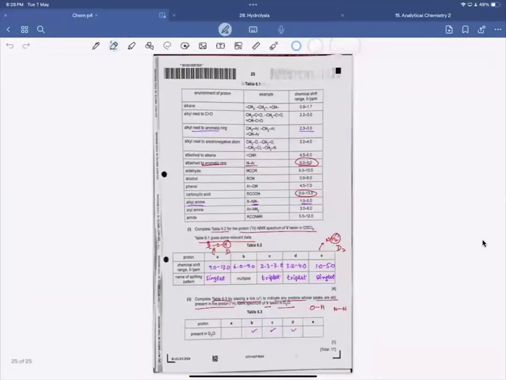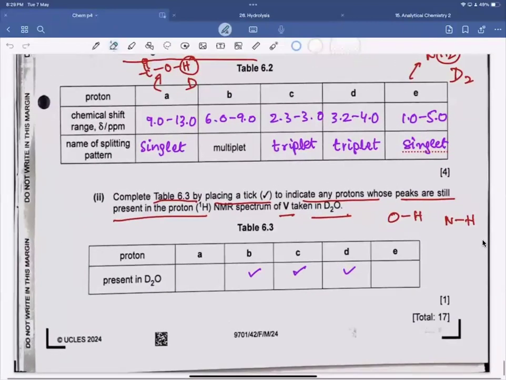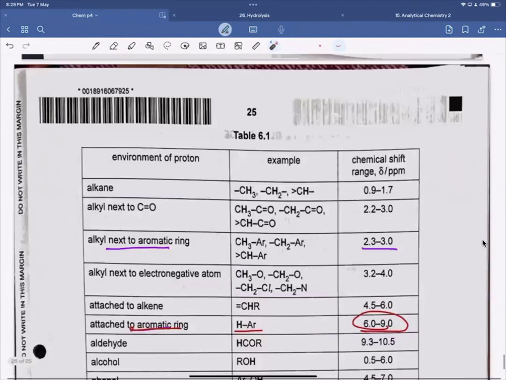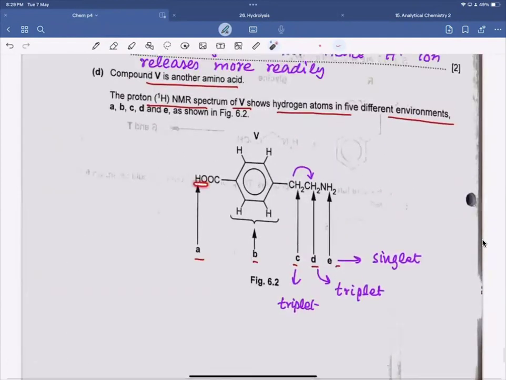Okay. So when we use D2O, if you recall, D2O always displaces the hydrogen bonded to O and the hydrogen bonded to N. So in this structure, this is the hydrogen bonded to O, so A is going to be displaced, and this signal is going to disappear in D2O.